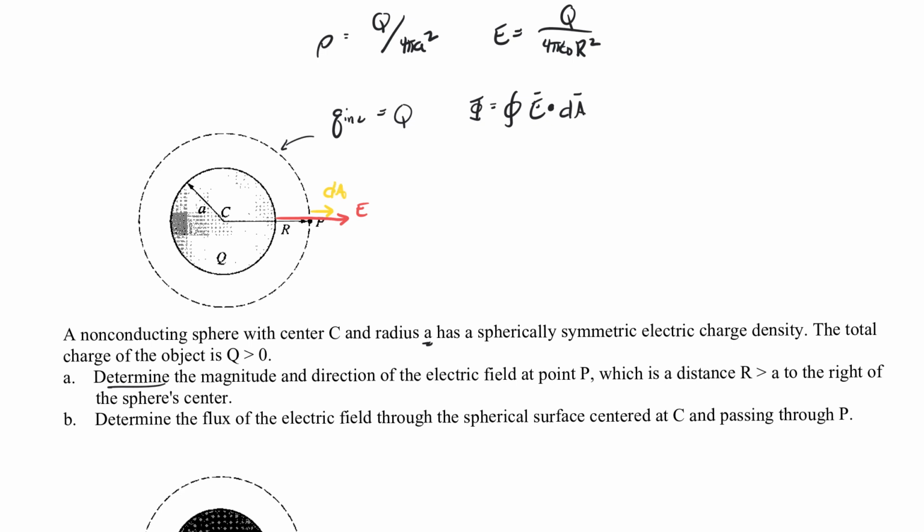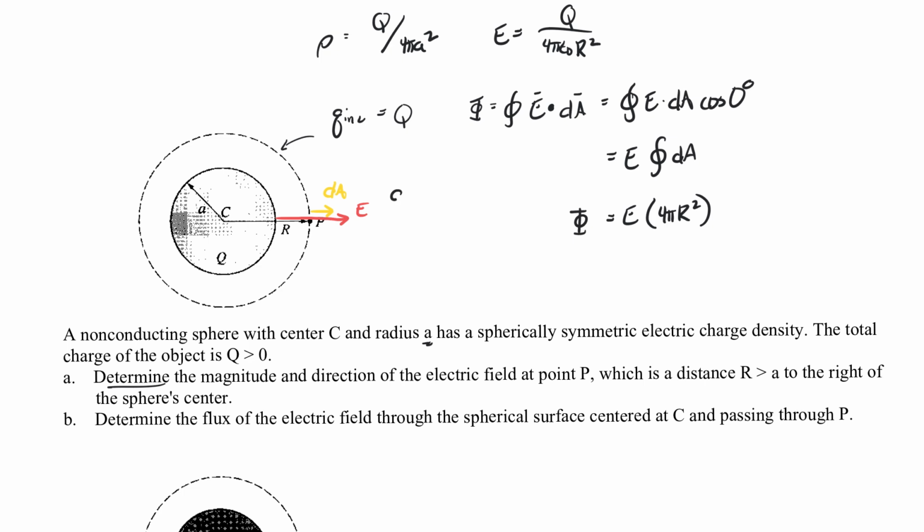So if I were to write this as the sum of E times dA times the cosine of the angle everywhere on the surface, the angle is going to be 0 degrees between the electric field and the area. And since we're equidistant from the surface, the electric field is going to be constant over the whole area. So all I have here is what I need to get out for the area and the electric field. So this will be an expression for the flux based on the electric field.